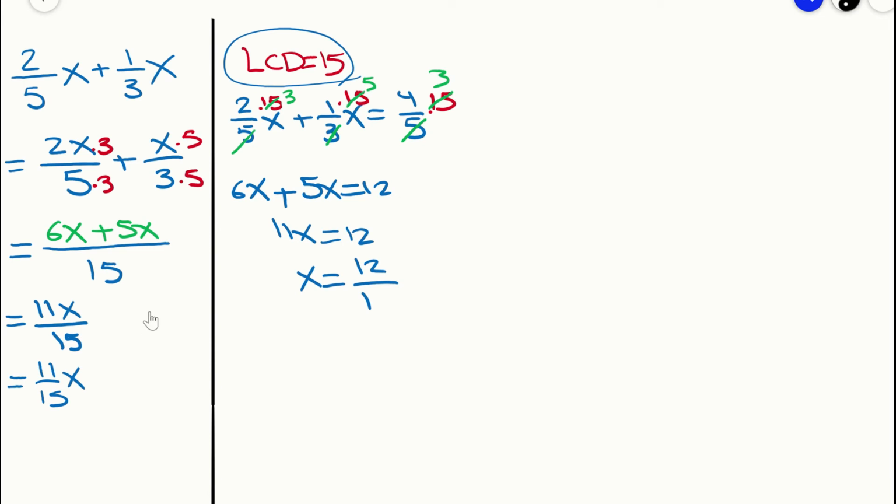So as a final word in this matter, remember, the only number that you can multiply the terms of an expression with is 1. Notice in this case, we're multiplying by 3 over 3, which is 1, and the next term we're multiplying by 5 over 5, which is 1, because the terms can be multiplied by 1 without actually changing the expression, right? But the number that you can multiply both sides of an equation with is any number that you like other than 0, right?